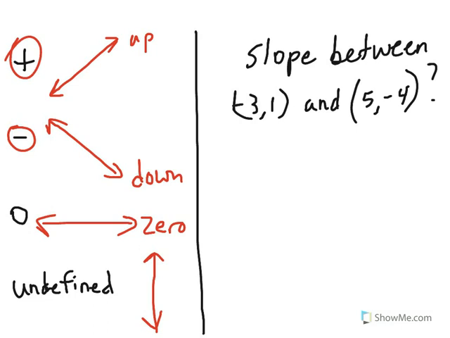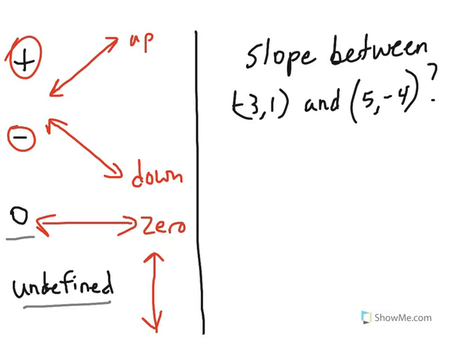I can't put a value to it because it never moves left or right. It just goes straight up and down. So steep there's no measurement. And it's very common for these two to be mistaken and reversed. So remember, zero means it never climbs up or down. Undefined means it's so steep I can't actually put a number to it.